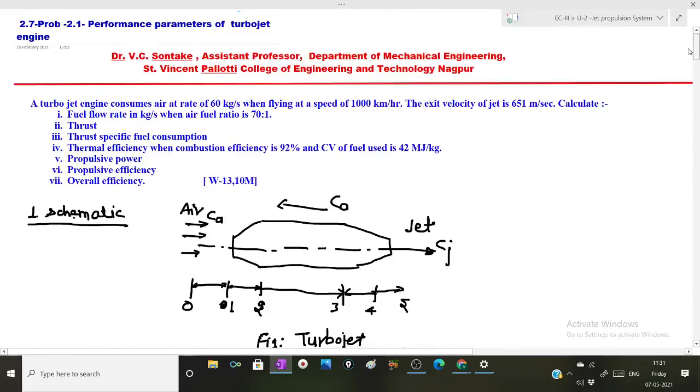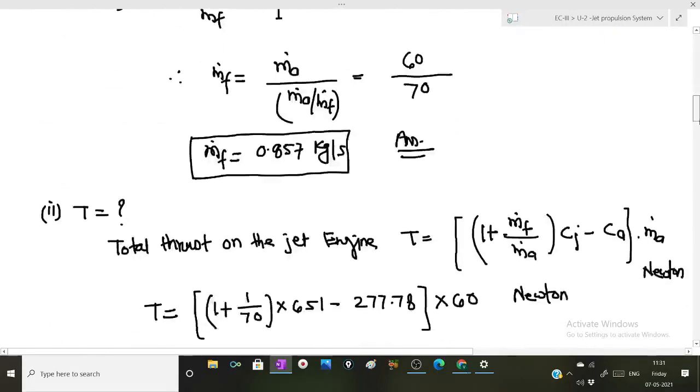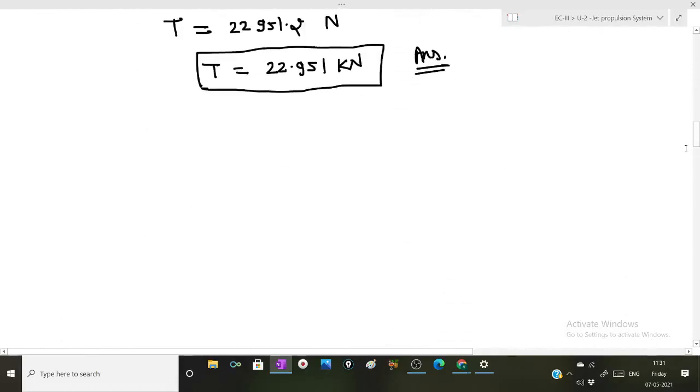Then point number 3 is thrust specific fuel consumption. It is represented as TSFC. Thrust specific fuel consumption is defined as the fuel required to produce unit Newton of thrust.